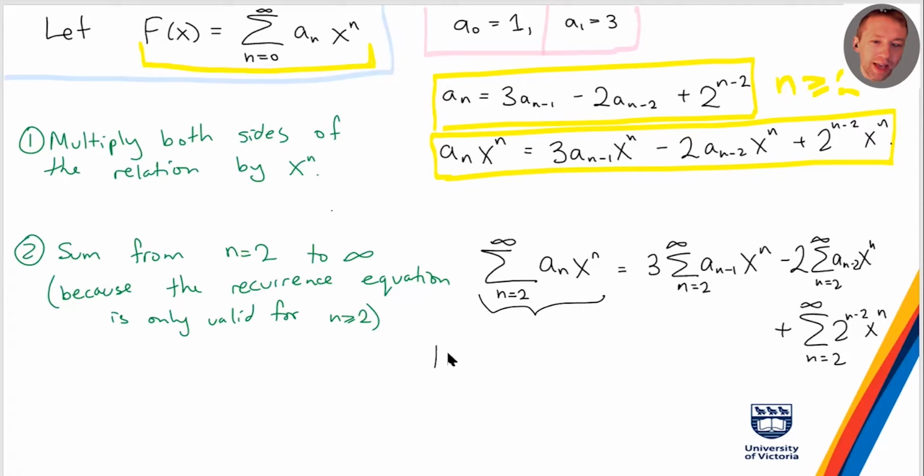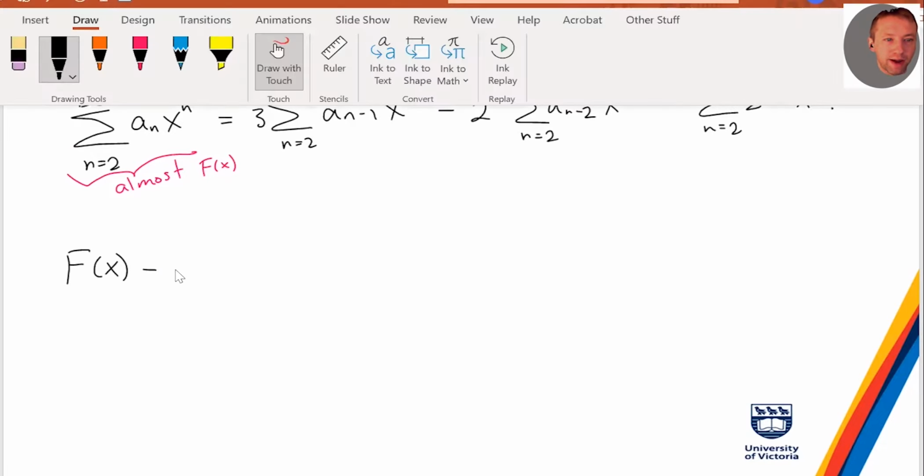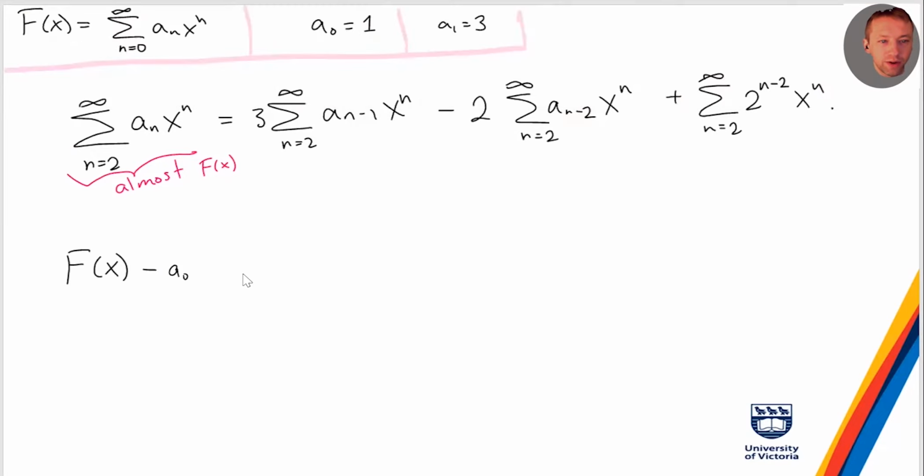So this is just f of x minus a0 minus a1x. And I can do similar things to the right-hand side. On the left-hand side, I get f of x minus a0 minus a1x, because it's basically f of x, except there are 2 terms missing, because this is the definition of f of x.